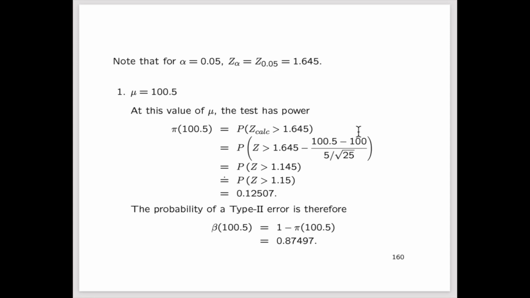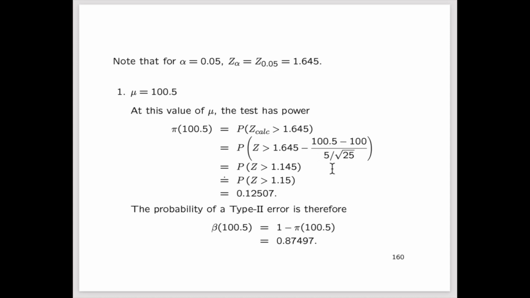From that we subtract the hypothesized value of mu, or more correctly stated, the boundary of the null hypothesis space, which is 100, and then we divide that difference by the standard error of x bar, which is sigma over the square root of the sample size. In this case, sigma is equal to 5. The sample size, you'll recall, is 25. And so we can see, just doing a quick mental calculation, that the denominator is going to be 1.